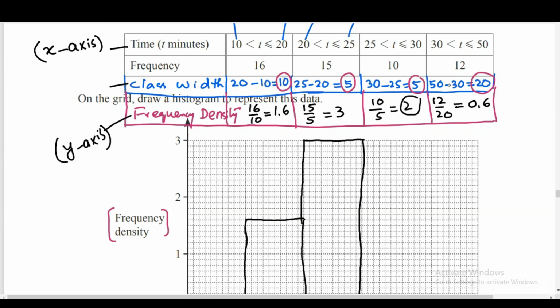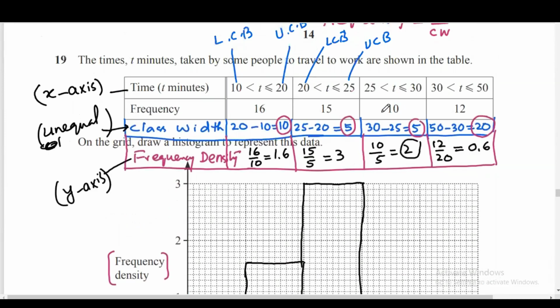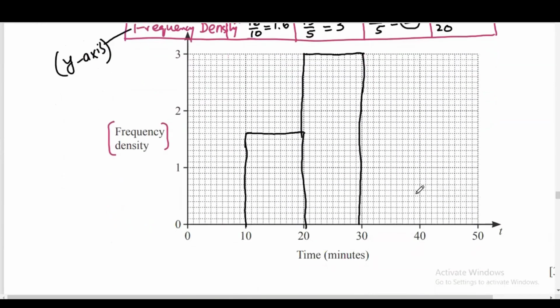Sorry, I said 20 till 25 earlier, so please remove that. This is 25, mark 25 here.